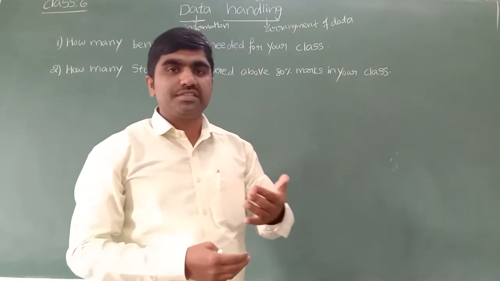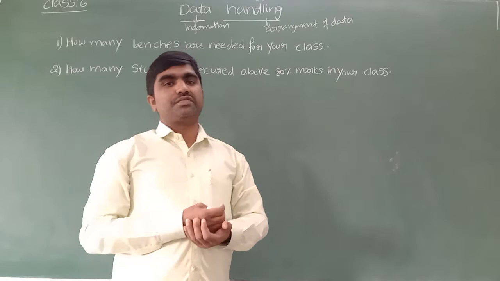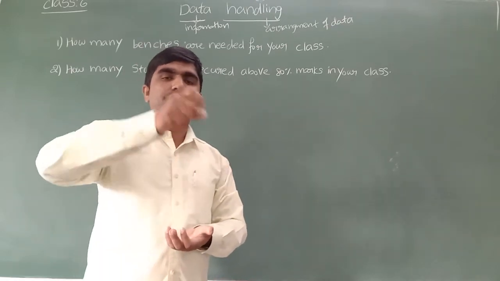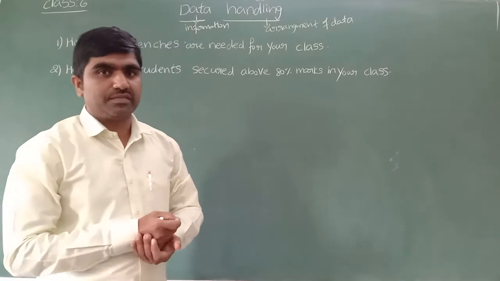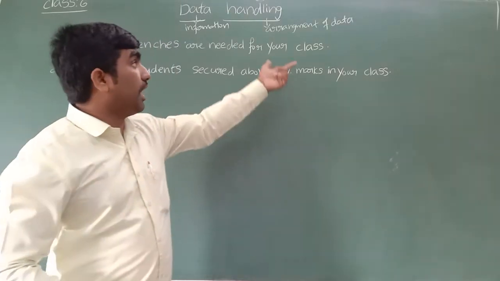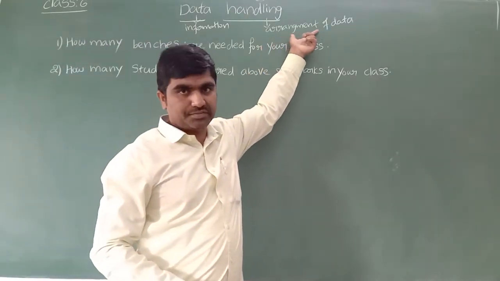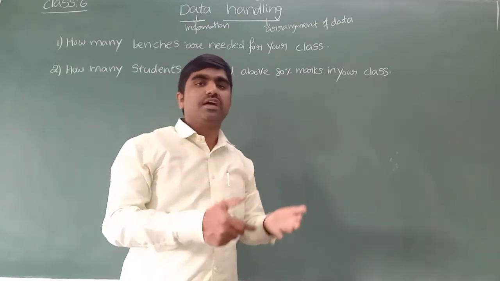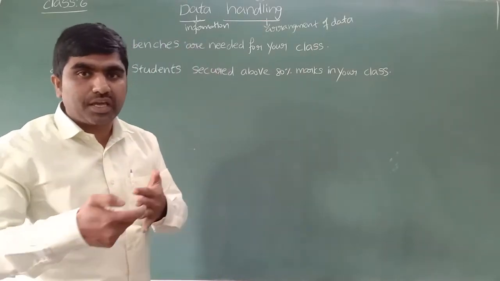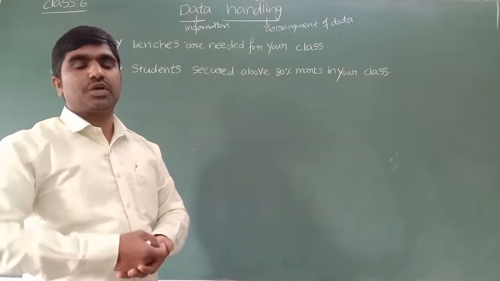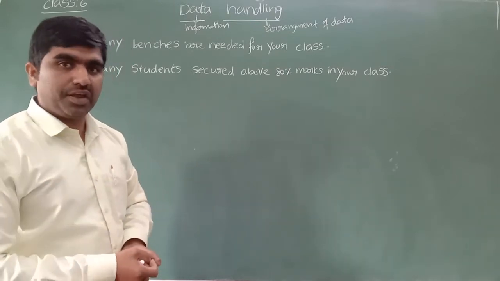Like that, it is easy to understand, and we can get the information of a particular child easily without any confusion. So that is the importance of arrangement of data. We can arrange the information in a systematic order, so that the arrangement makes that information easier to understand.